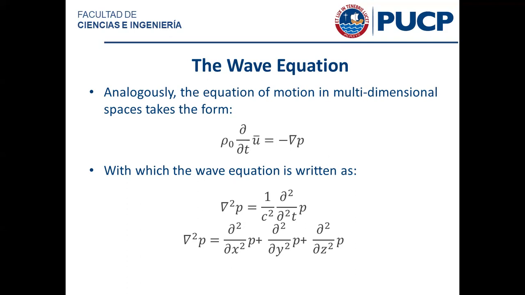And you can show that in this case, it would be the Laplacian of the pressure is equal to 1 over c squared times the second derivative with respect to time of the pressure field, right?